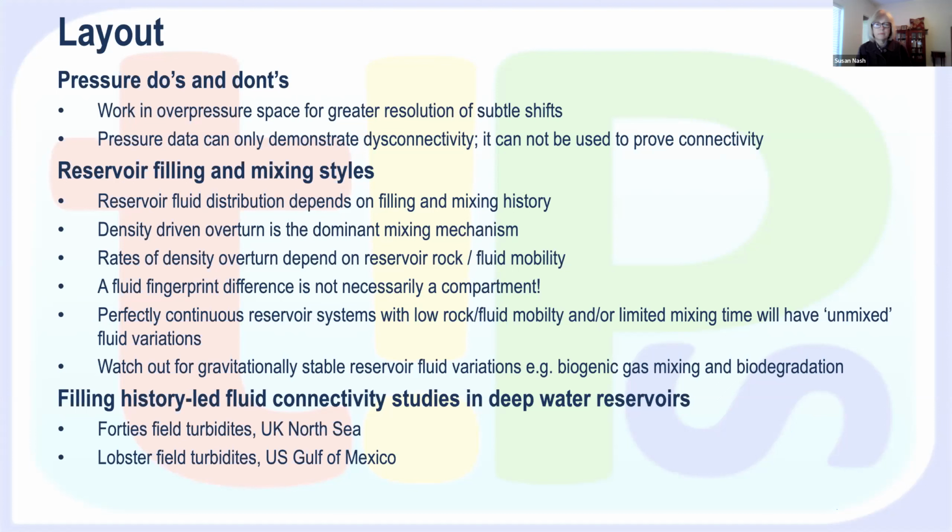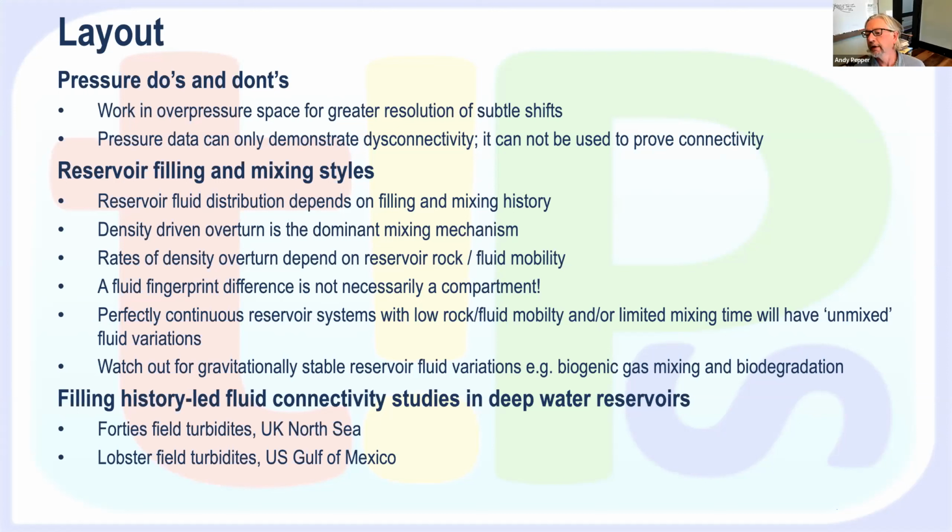So generally, I would say that the pressure data is a signal that comes from the cumulative fluid flow up to the present day. So I think it's hard to have a pressure at some point in the past that hasn't been modified after the subsequent event, right? The pressure is continuously evolving until we measure it in the present day.